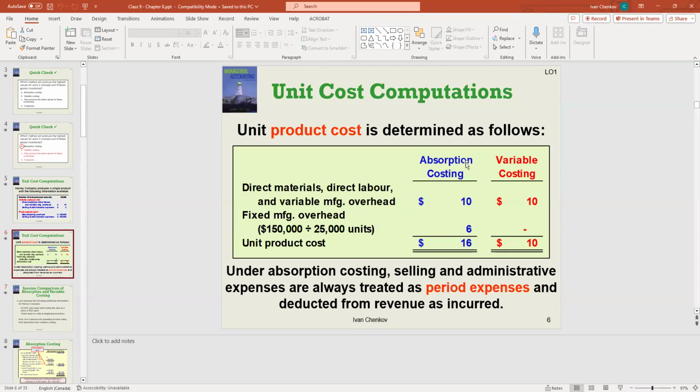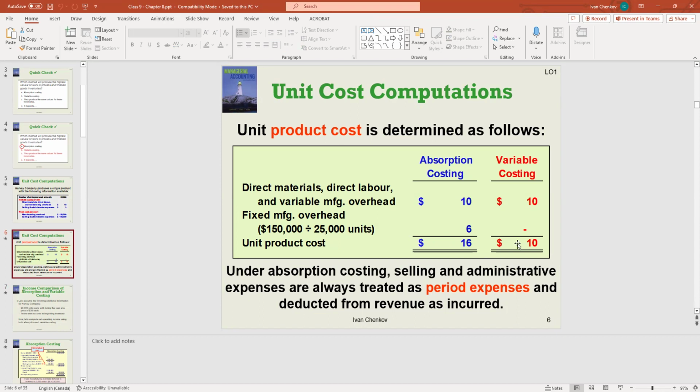Those 5,000 units under absorption costing will cost how much? 5,000 times 16, which is 80,000. Under variable costing it will be 5,000 times $10, and that will be 50,000.